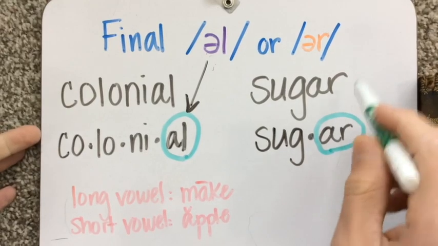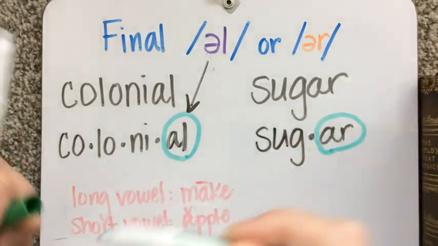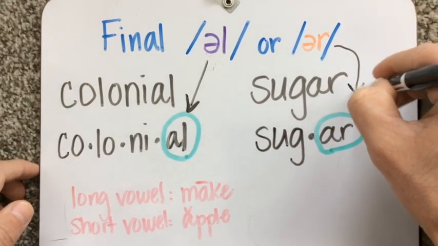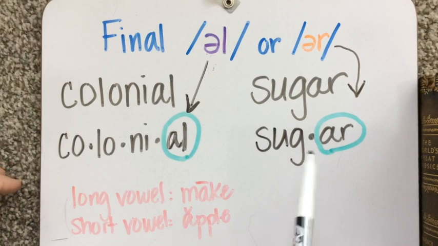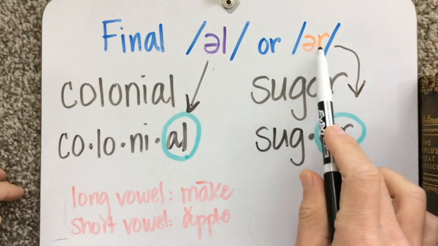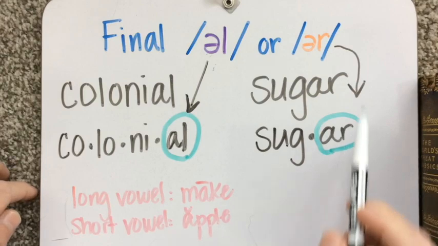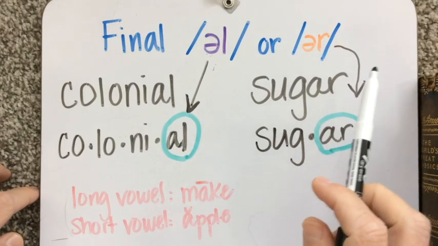So sugar is going to be this final sound. Once again, the same thing. We have an upside down E and an R, but here in our spelling pattern, we have an A and an R. This is still making that same sound.